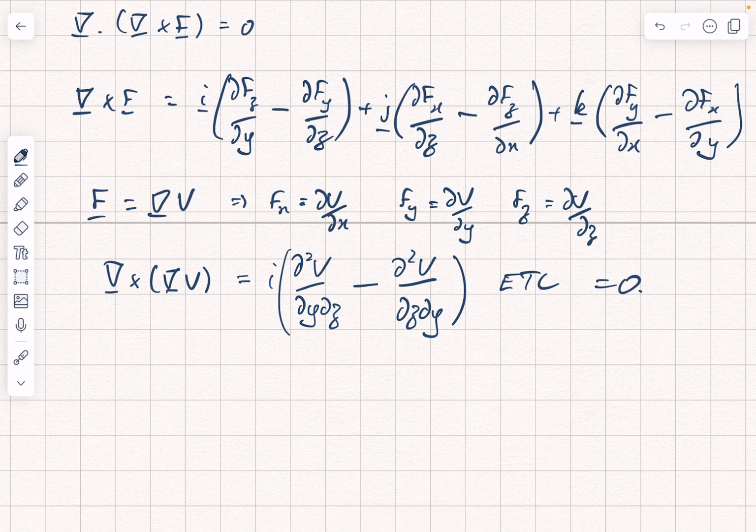Similarly, when we think about the divergence, if we just write out simply the divergence of the curl of f, which is equal to 0, well actually let's not jump the gun.